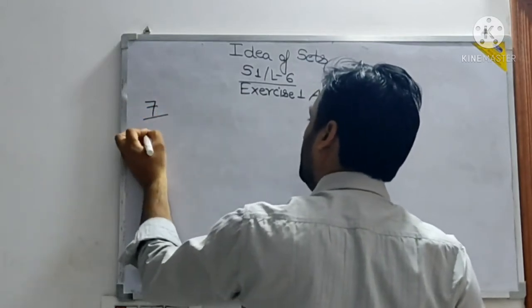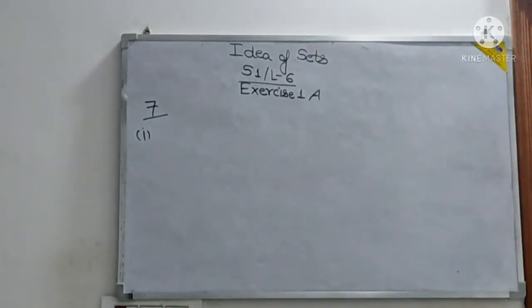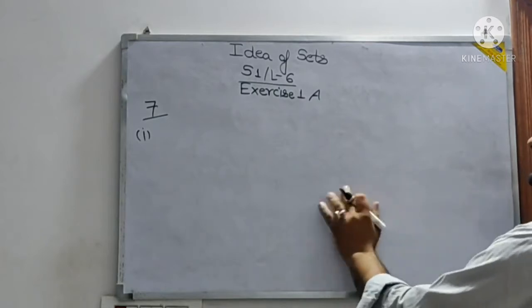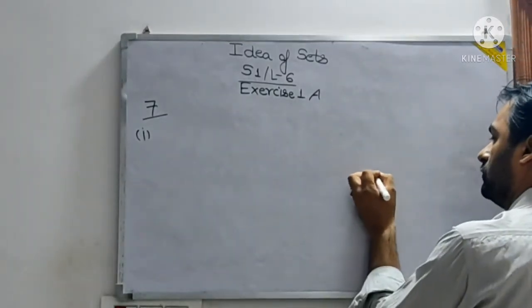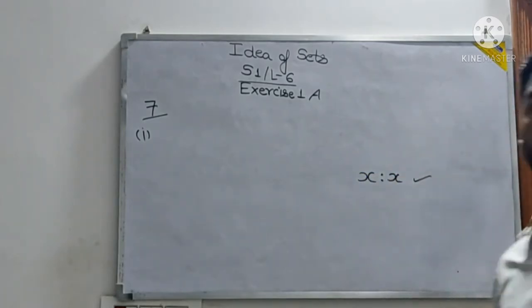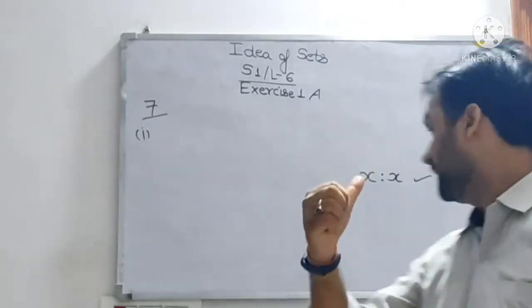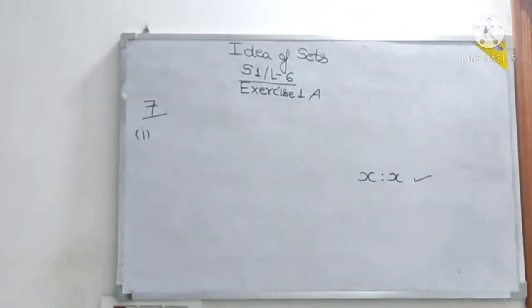And I will be as slow as possible so that you understand also. Now see, set builder. Set builder means what will be there? One thing is for sure, you will have to write x such that x. Clear? For set builder, x such that x has to be there. Yes or no? Okay.